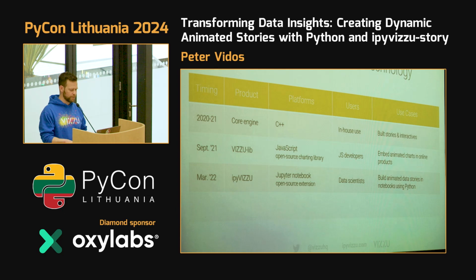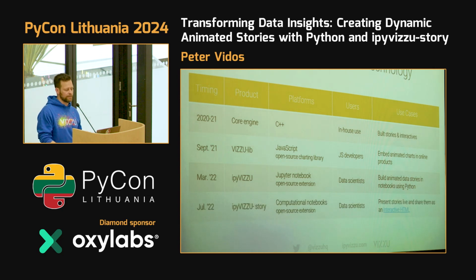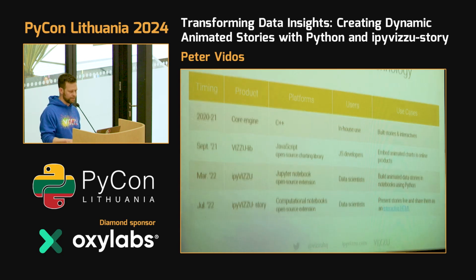It's open source as well, and you can build animated plots and data stories in computational notebooks. And then we added a little extension in July 2022 called ipyvizzu-story that lets you build, present and share animated data stories, once again in the tools that I assume most of you are using day in and day out, so computational notebooks first.